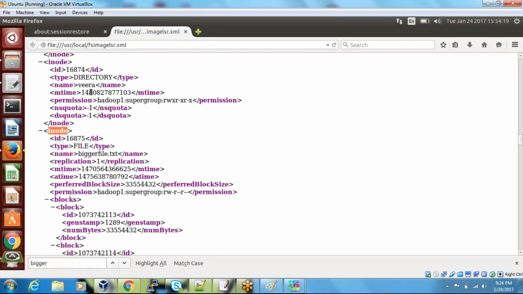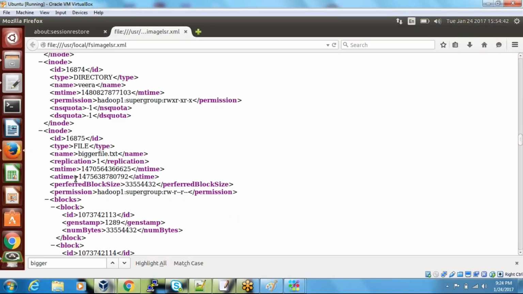This parent inode is a directory. I have something called Vira, and in that Vira I have a file, bigger file.txt. And what is the replication factor? 1, because by default it's 3, but I have changed it to 1. As for the modified time or the created time, I really don't know what mtime and atime are.